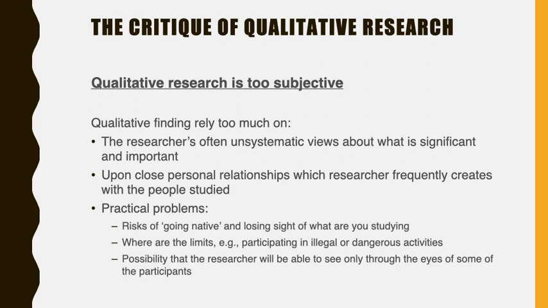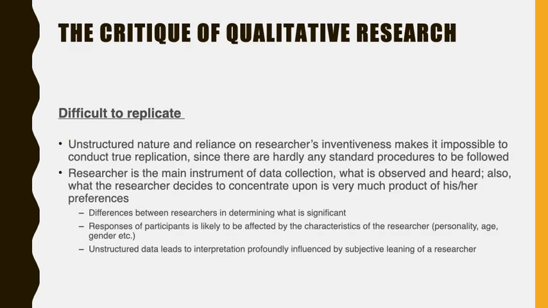And then they kind of forget, hey, no, I'm a scientist, I should not be taking part in this, but they do it anyway. And then there's the possibility that the researcher will only be able to see through the eyes of some of the participants that they most identify with. So maybe there are a couple of people in the sample that they share commonalities with, and the more they hear their story, the more they're like, no, this person is who's important.